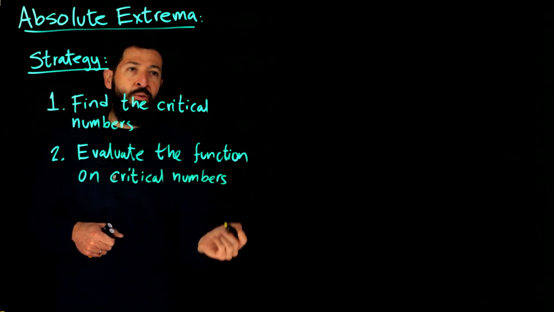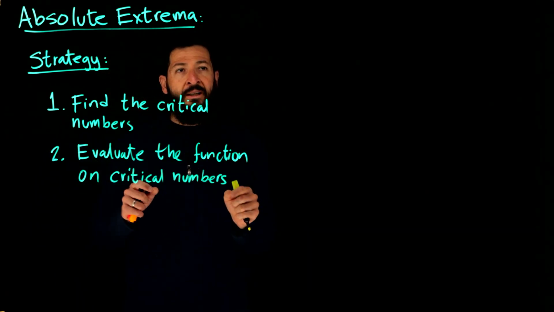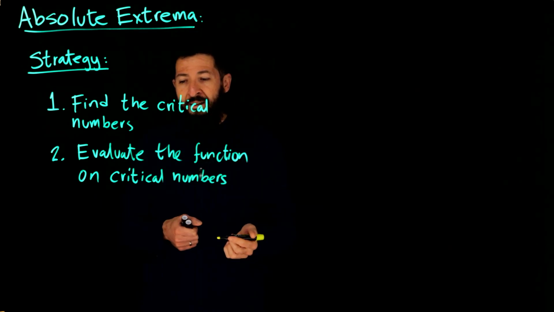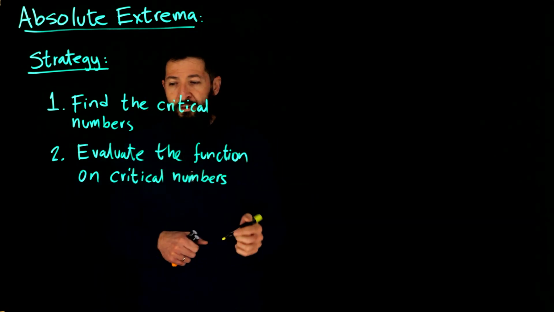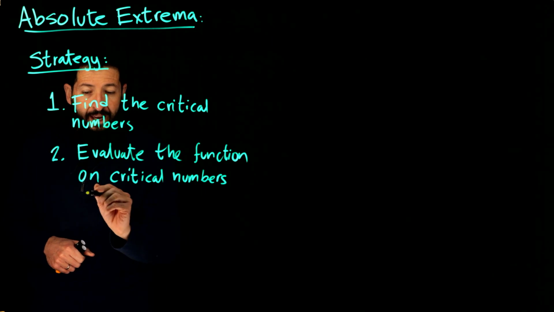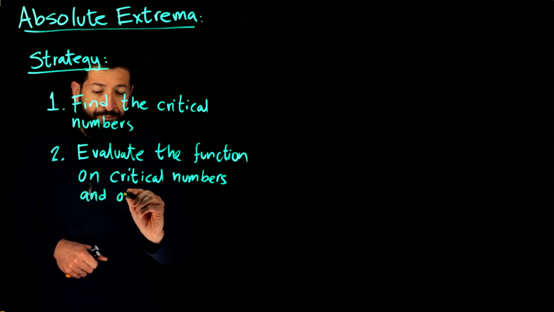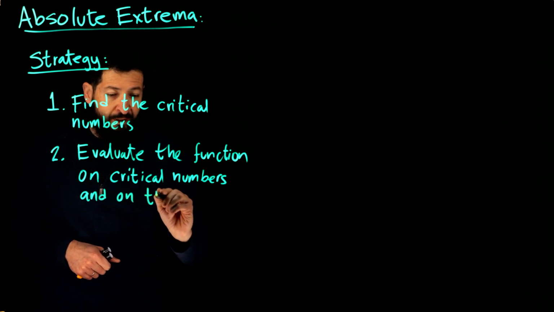And by the way, you're going to only evaluate it on the critical numbers that live within the interval that you're considering. There's no point in evaluating the function on the other critical numbers, so just use those. And you're also going to evaluate the function on the endpoints of the interval.